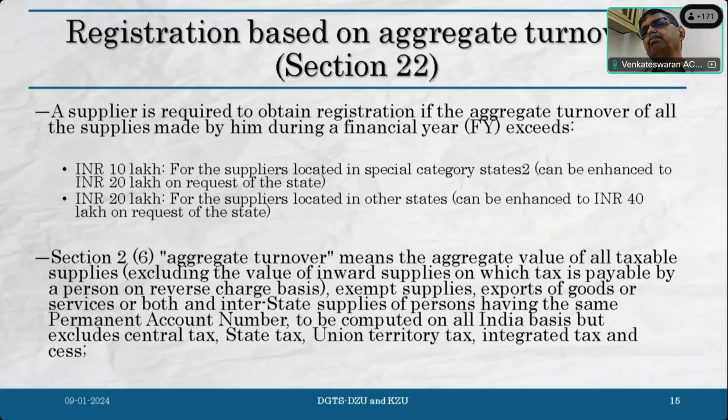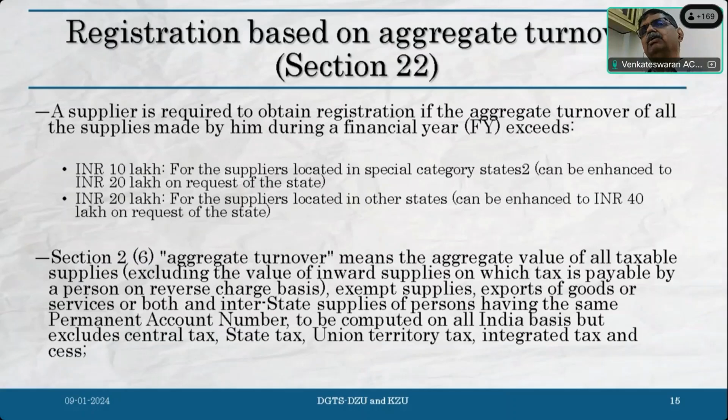Then interstate supplies, all these are non-GST, but this is determined based on the PAN number on an all-India basis. So if on an all-India basis you have crossed 1 crore in one state, and in another state you have just started and are moving only 4 lakhs, does it mean I cannot take a registration in the state where my turnover is only 4 to 5 lakhs?